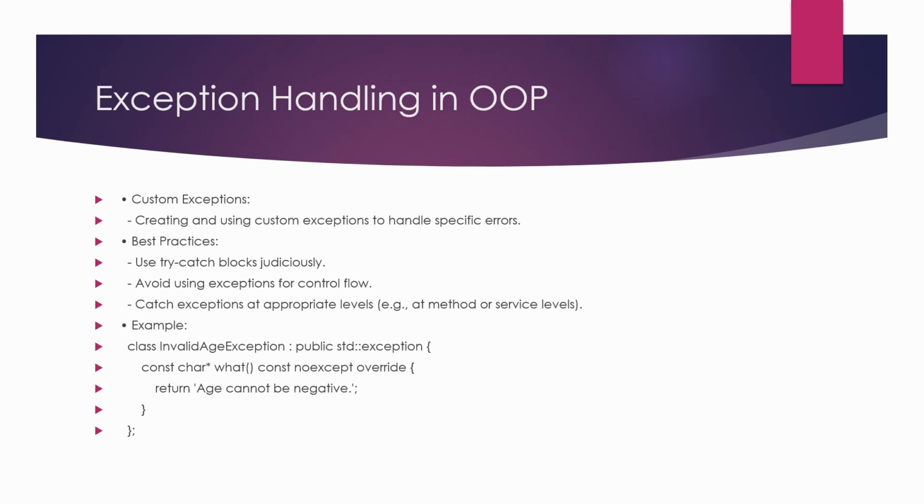This means using try-catch blocks appropriately and avoiding using exceptions for control flow. Here's an example. You might create a custom exception for handling negative age inputs in a user profile system.